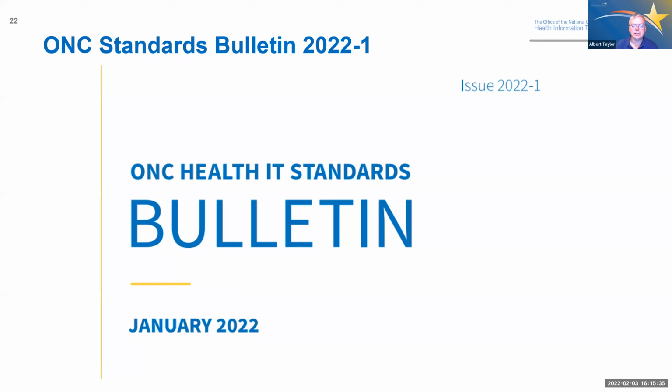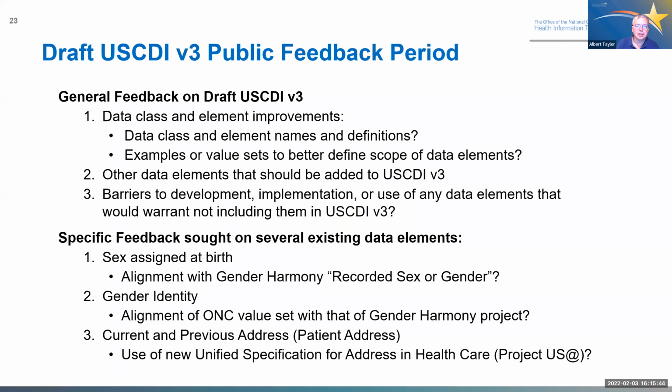And so we highlighted it in January of this year, not only giving additional details on rationale for the things that we did add, but also a call to the public to give us more feedback on what we did publish.